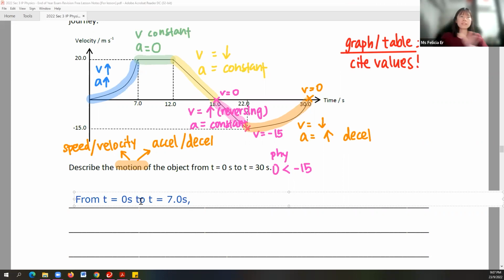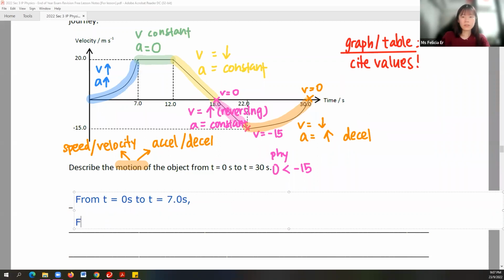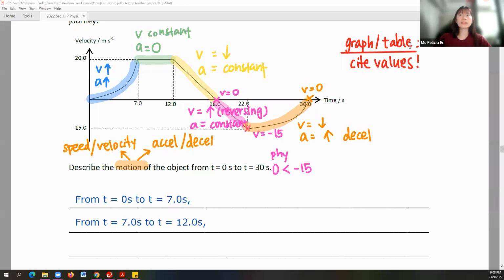Okay, so your format is always the same. Next one you can write as from t equals 7 to t equals 12. Then you write in the V and the A. Okay, so this one I leave it to you to try out on your own at home, so that I can go through more concepts.